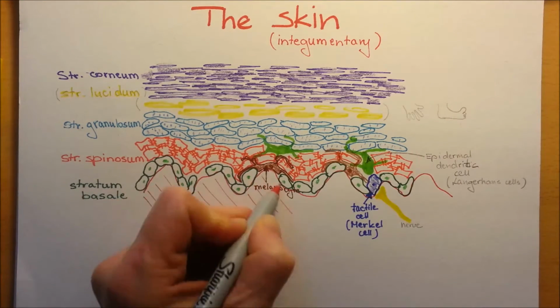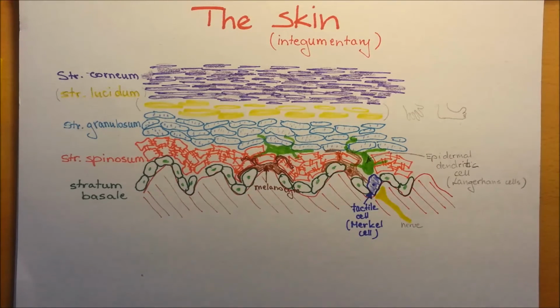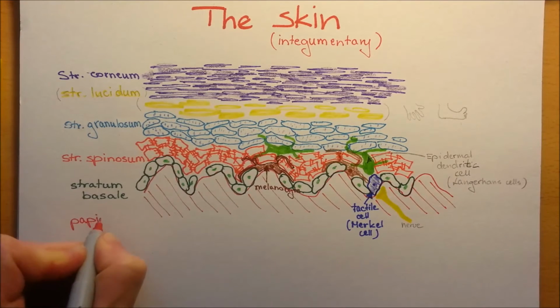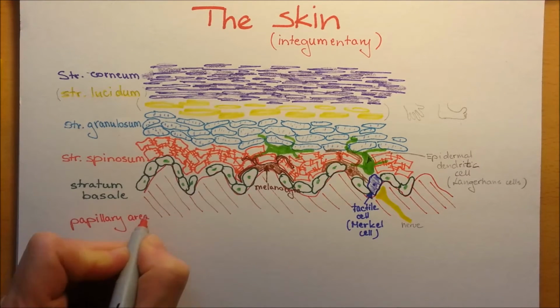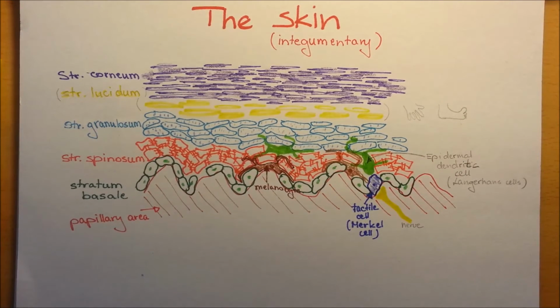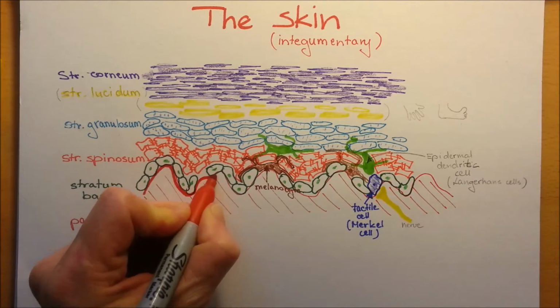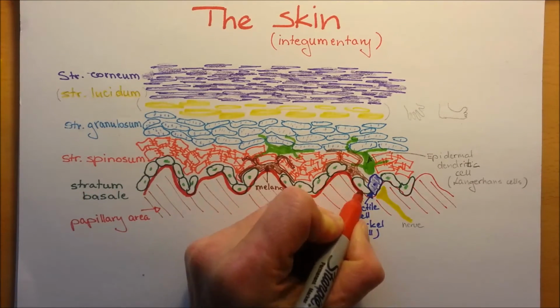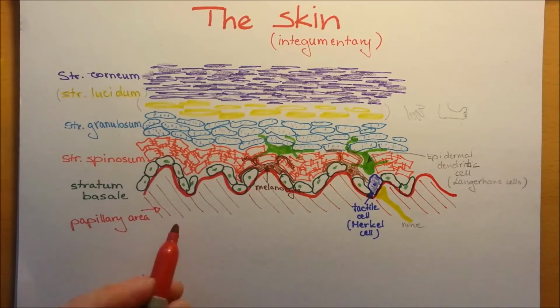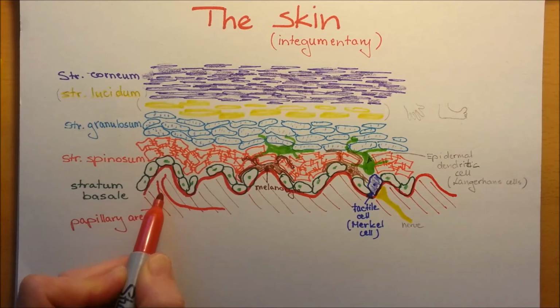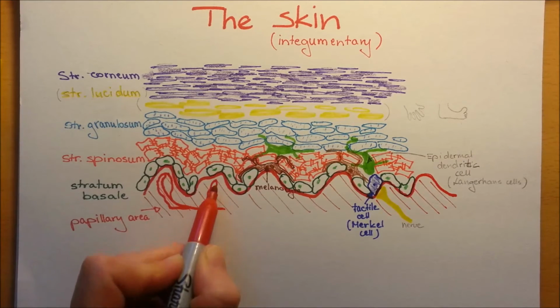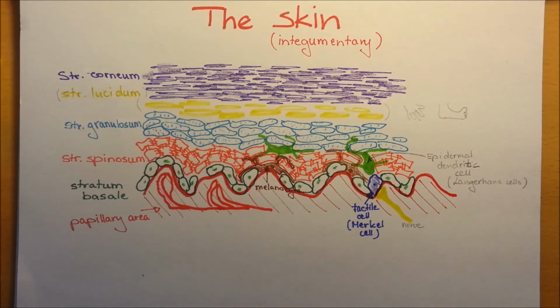The shaded area is a different layer. Deeper from stratum basale is the papillary area, and this papillary area superficially is bordered by the basement membrane. I'm drawing the capillaries over there.